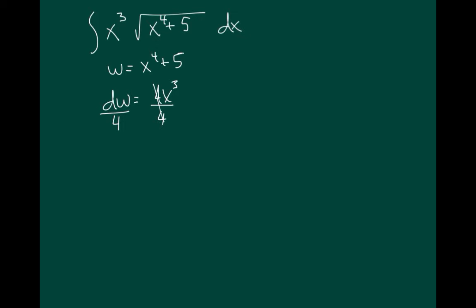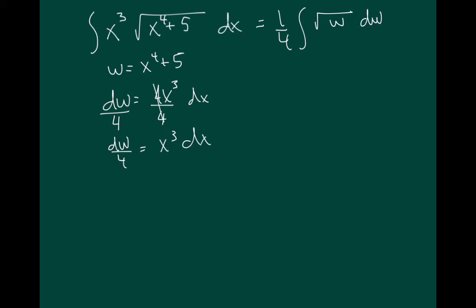They cancel out on the right side, and I'm left with dw over 4 equals x cubed dx. Sorry, I should have been writing that dx all along. So I can now rewrite my integral with a 1/4 in the front, and now I've got the integral of the square root of w dw.